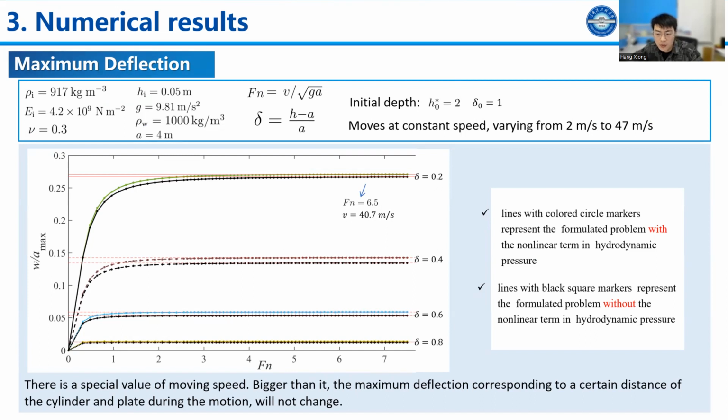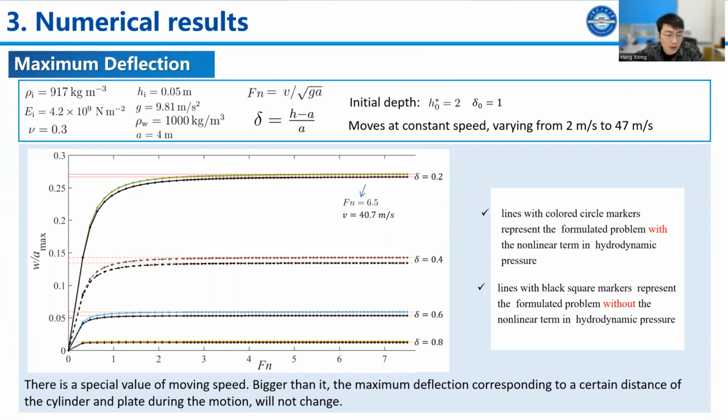We can see in the figure, when the speed of motion increases, the maximum deflection caused by the cylinder, reached at the same distance, will increase. And there is a special value of moving speed. When the speed is bigger than it, the maximum deflection corresponding to a certain distance of the cylinder and the plate during the motion will not change.